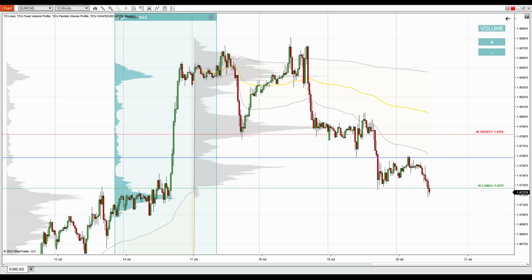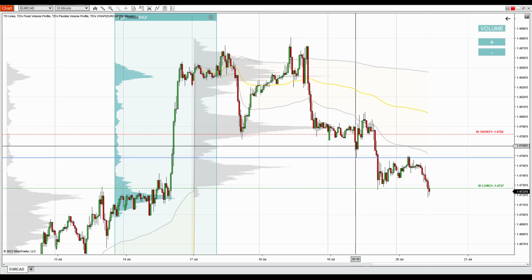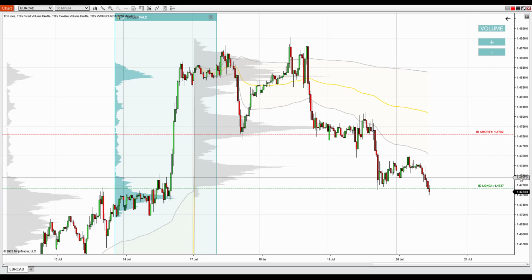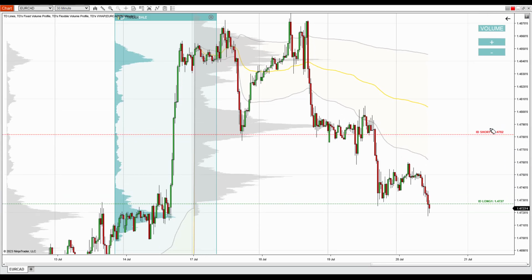Now, currently, there is a new strong resistance to trade from, and that resistance is in here, 1.4782. This is the resistance, and the setup is more or less the same as the setup I showed you in here, those volumes combined with this rejection.